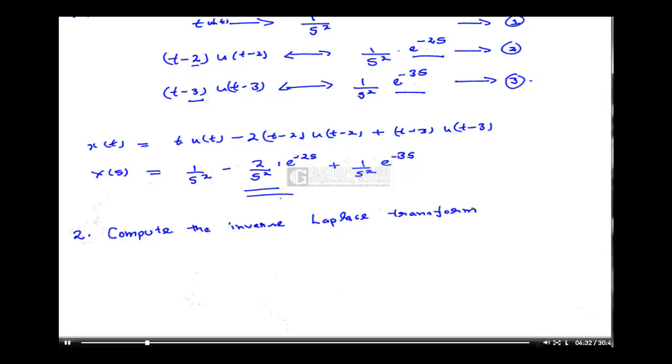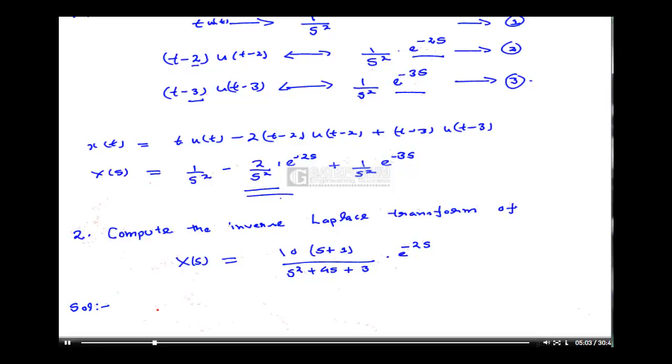In the previous problem, we made use of the time shift property. Here also we have to make use of some property. The Laplace transform is given as 10 times (s plus 1) upon s square plus 4s plus 3, times e to the power minus 2s. You have to find x(t) out of this.